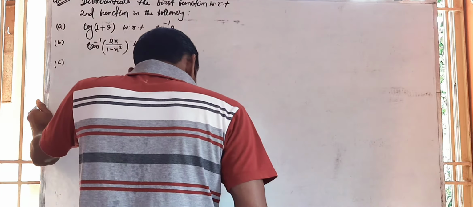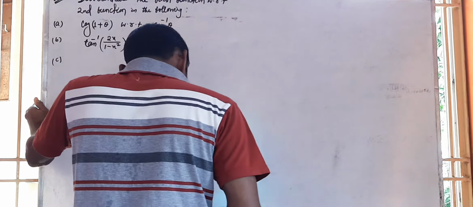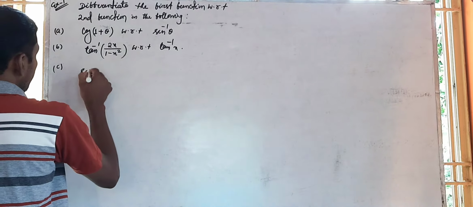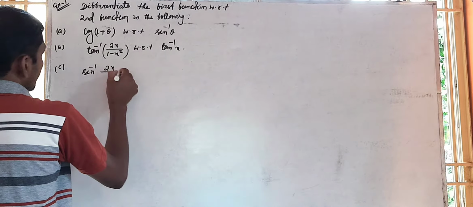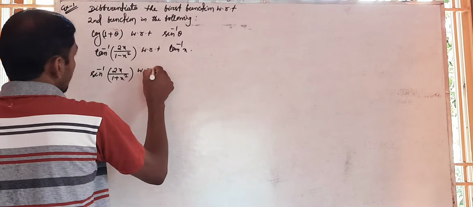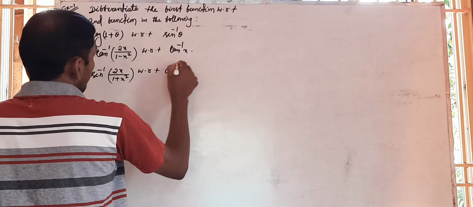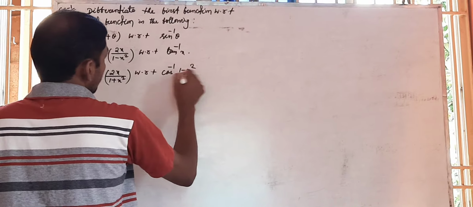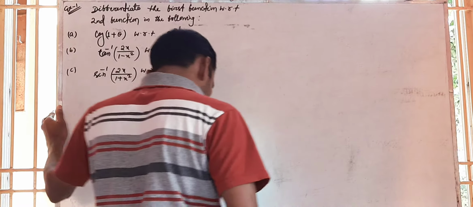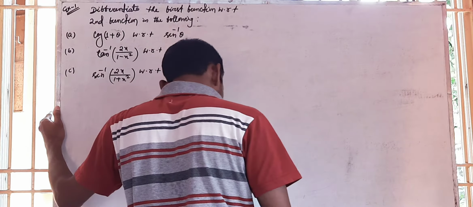Third is sin inverse of 2x by 1 plus x square with respect to cos inverse of 1 minus x square by 1 plus x square.